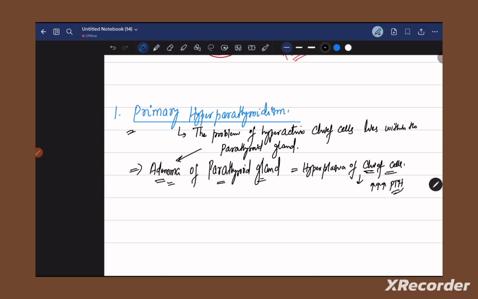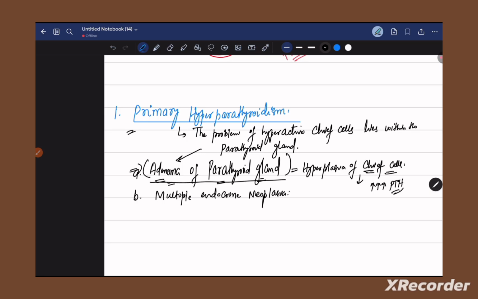What is the cause of primary hyperparathyroidism? One is adenoma of the parathyroid gland. Okay, you have to remember this. What is the second cause? The second cause could be multiple endocrine neoplasia.